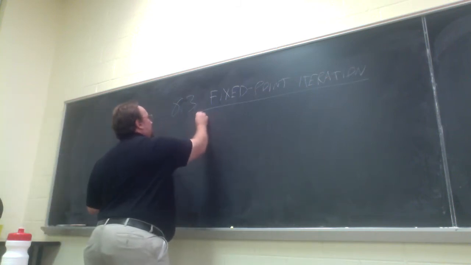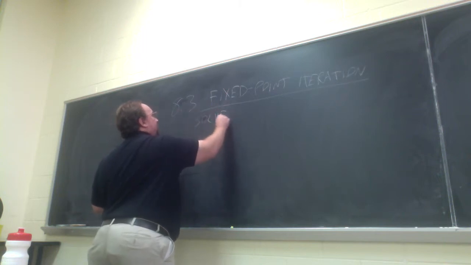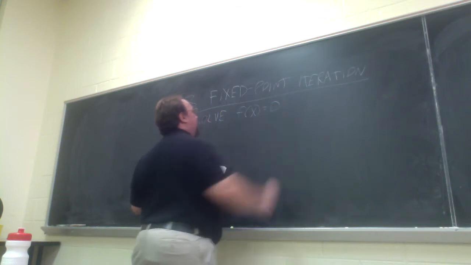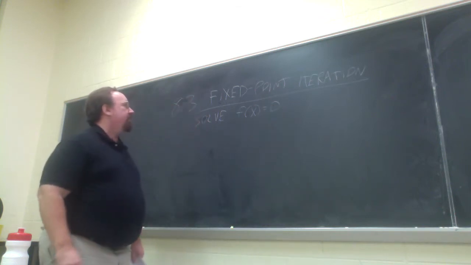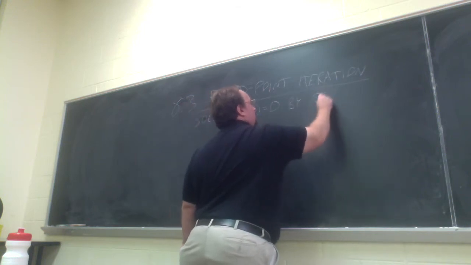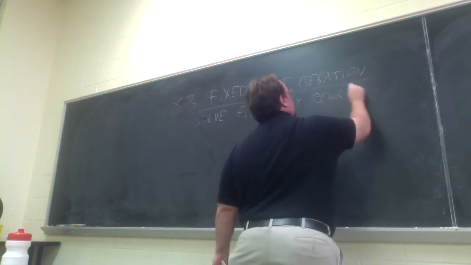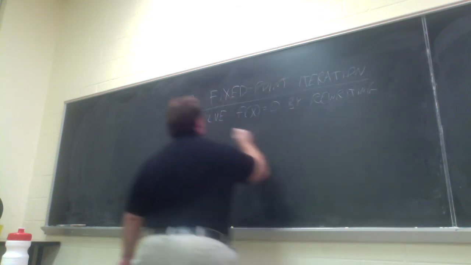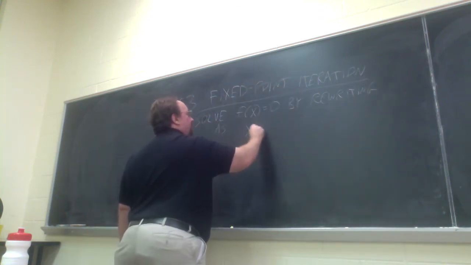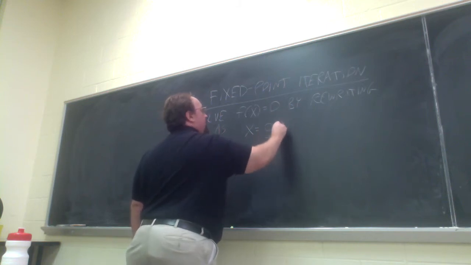So the idea behind fixed point iteration, very different from bisection, is that we're going to solve the equation that we have been talking about, f of x equals 0, by rewriting the equation in this form: x is equal to g of x.